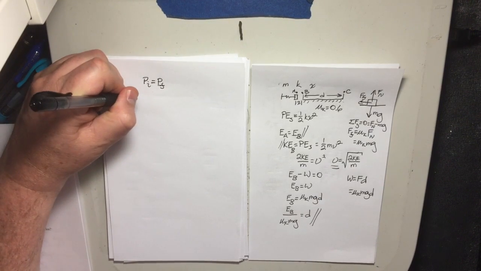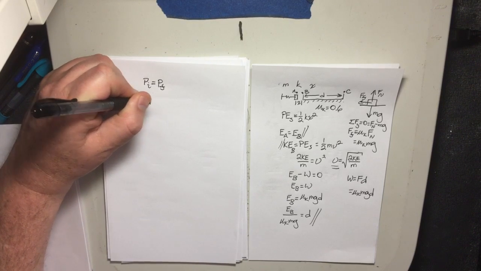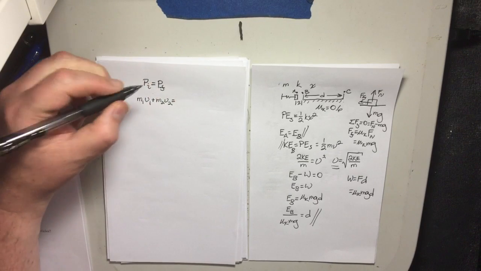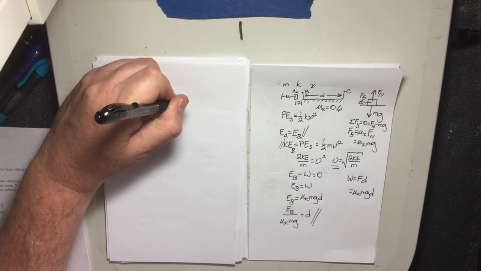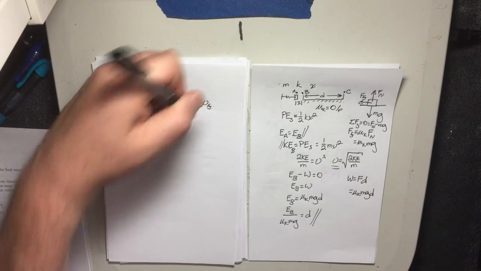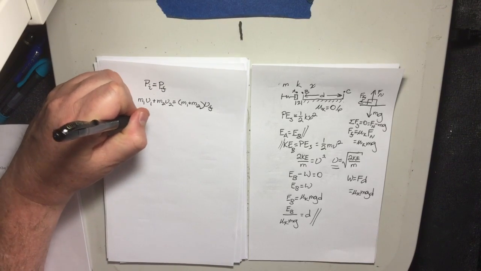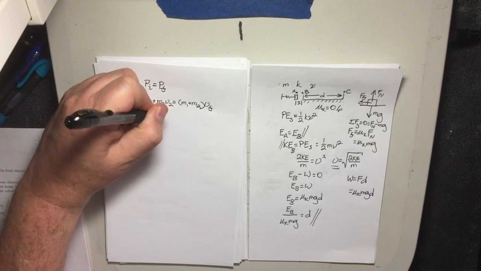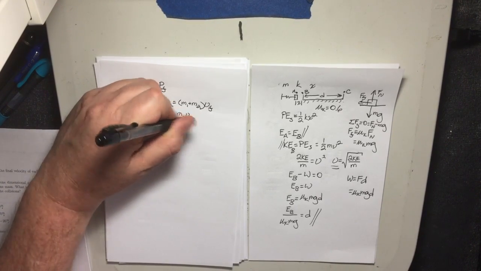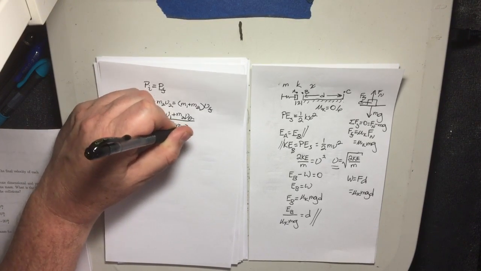The initial momentum is m1 v1 plus m2 v2, which is equal to m1 plus m2 times v final. So v final is m1 v1 plus m2 v2 over m1 plus m2.